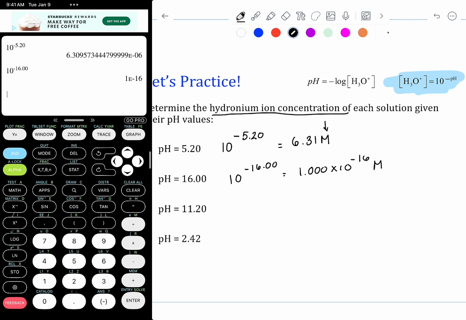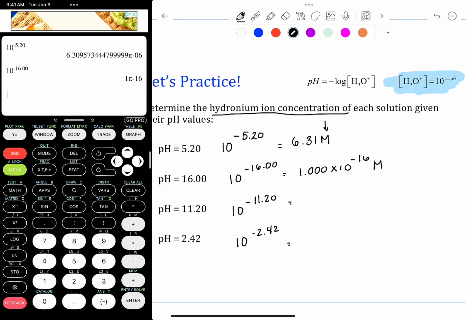So for our last two, we'll just do 10 raised to each of those pHs. So we'll do 10 to the negative 11.20, and we get 6.310 times 10 to the minus 12 for 4 sig figs on there.